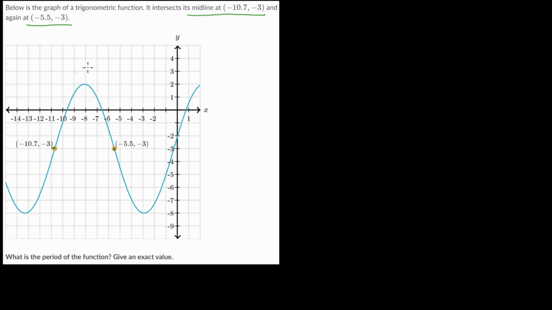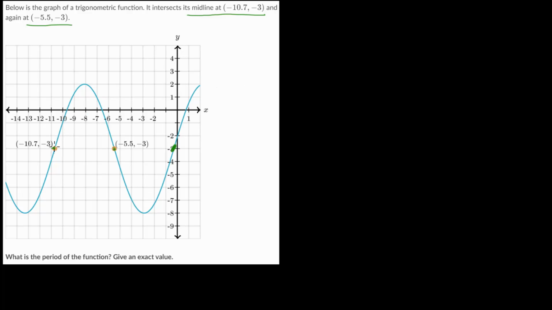Now, to go through one unique repetition of this curve, one period of the function, it will start at the midline, go up, come back through the midline, and then go down to a minimum and come back up again, once again passing through the midline, and then after that it will repeat.